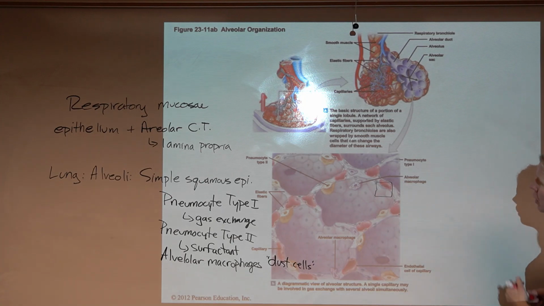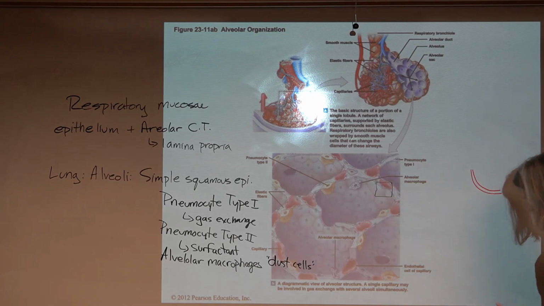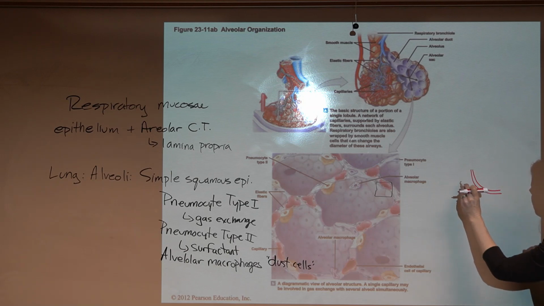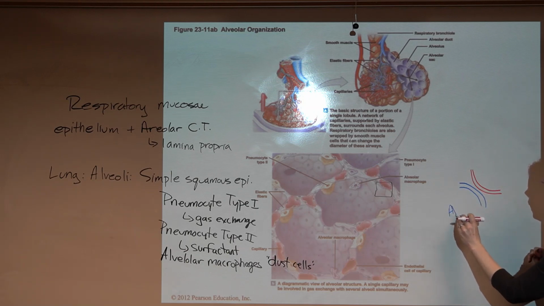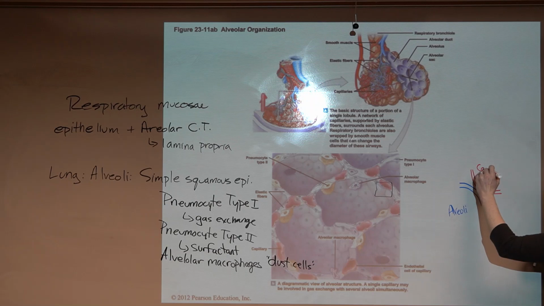So I have a couple different colors. So we have a capillary right here. And then into the alveoli, I don't have purple, but I have blue, right? So here's your alveoli. Here's your capillary.